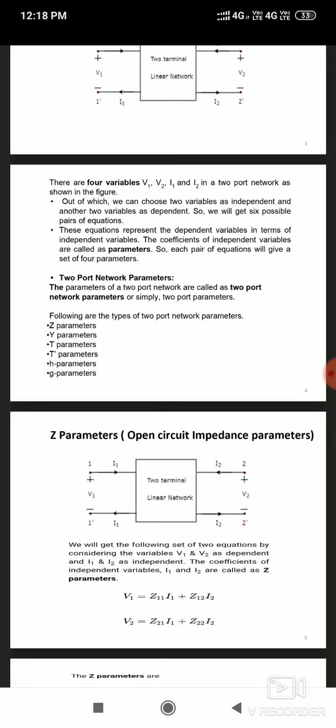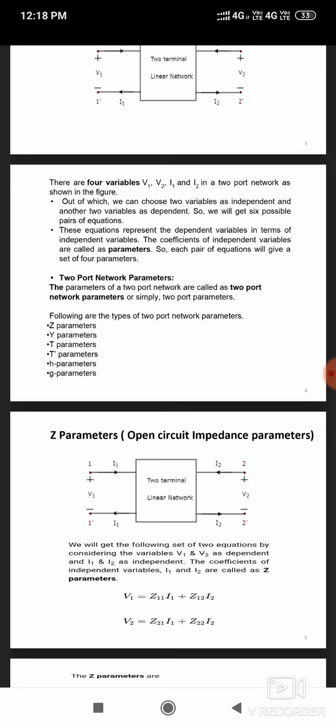So I1, I2 act as independent variables, while V1 and V2 act as dependent variables. So this combination will form Z parameters. When we learn Z parameters, in that I1 and I2 we are taking as independent, while V1 and V2 as dependent.